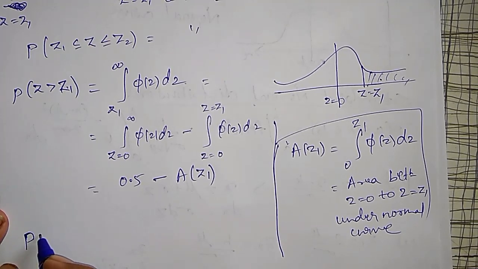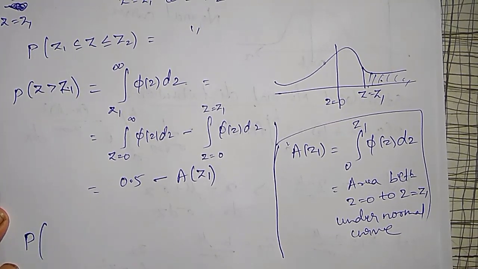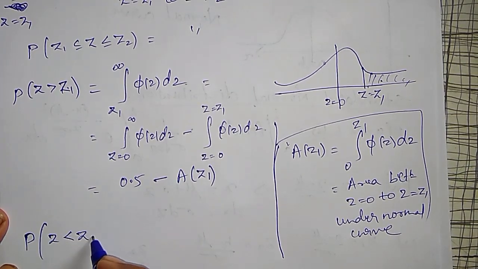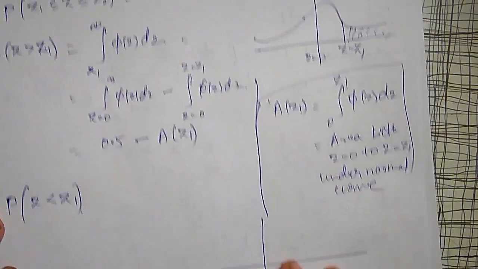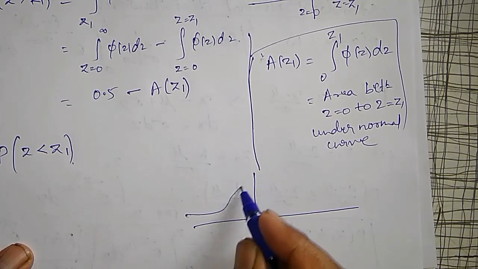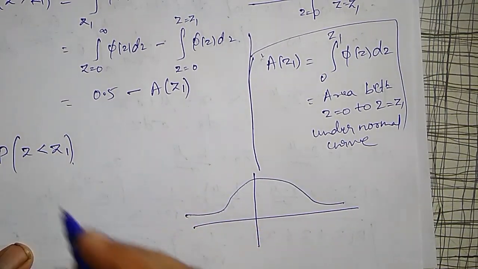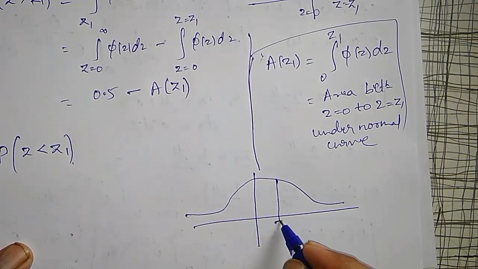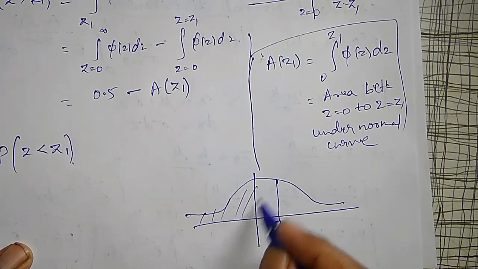Now if I am finding the probability of z less than z1, I will draw the bell shaped curve first. Depending on this z1, if z1 is here, then this is the area I want to find.